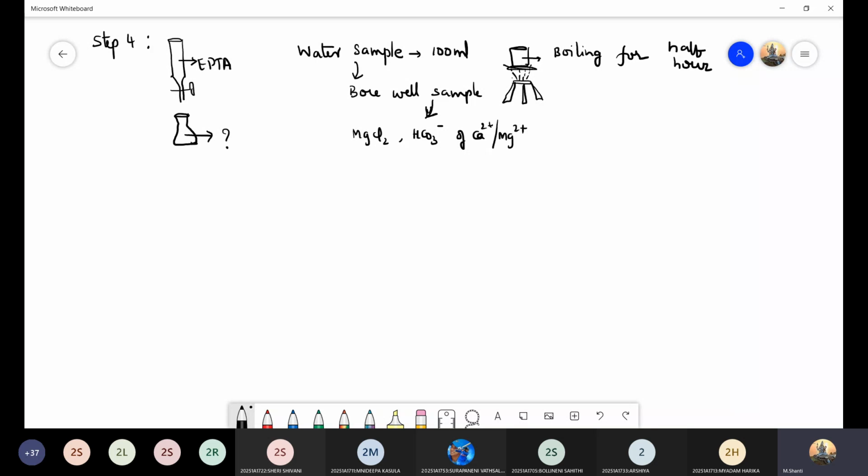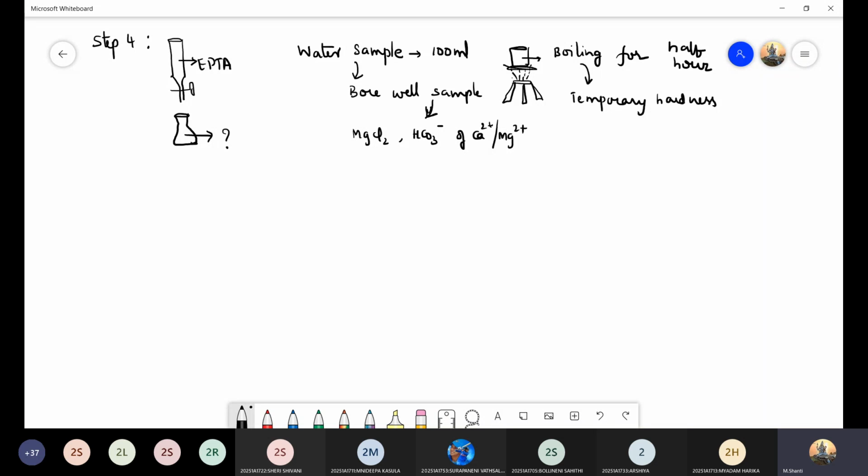So when you boil, what will happen? Which type of salts will be precipitated? This is what we learned in yesterday's class. Temporary hardness causing salts like magnesium bicarbonate and calcium bicarbonate will be converted into hydroxides and carbonates and left in the form of precipitates in the water.